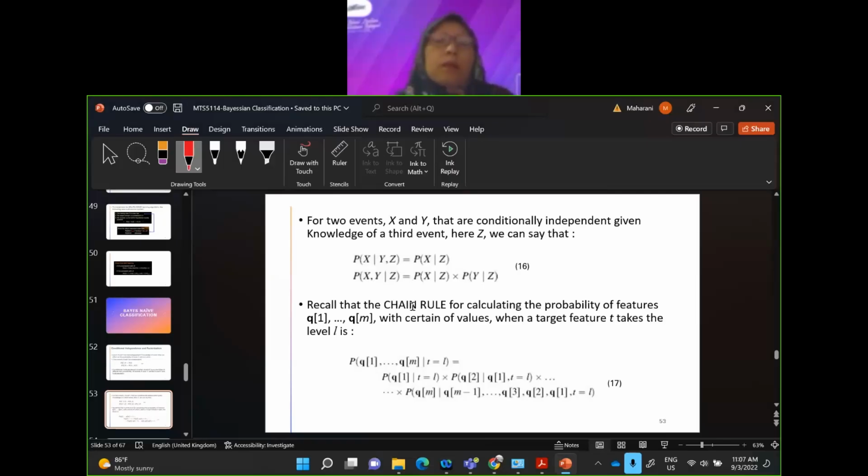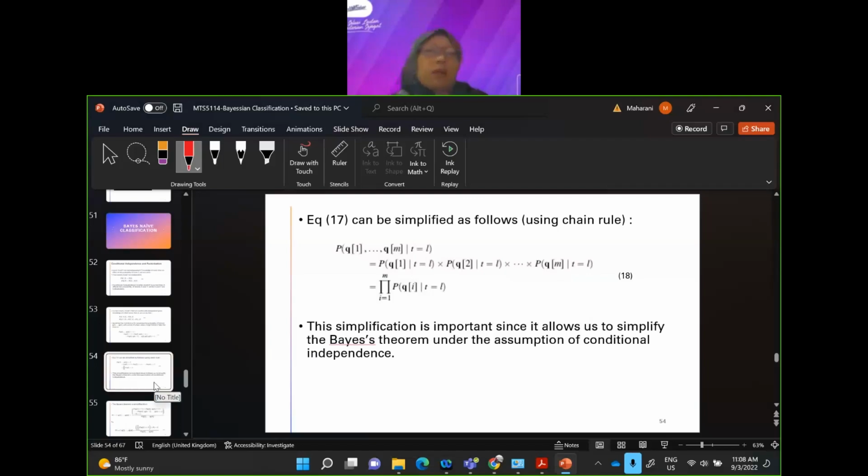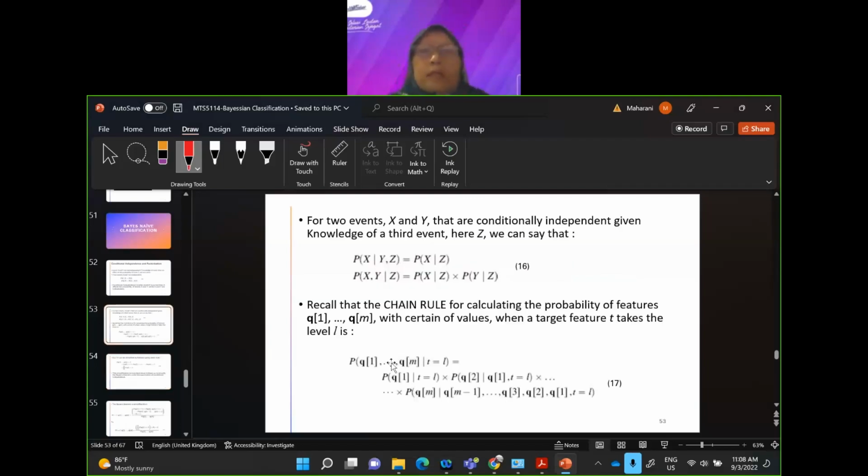And again, recall the chain rule. This is only three features, right? If we want to extend it, then we have formula 17. This one is only three, but now we have many features, then this is actually the formula, P of Q1 given target.